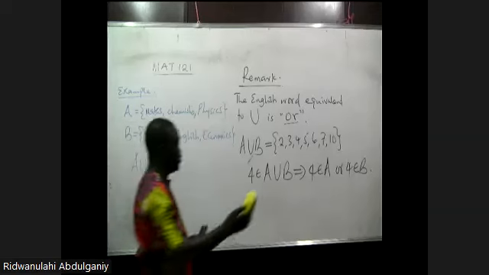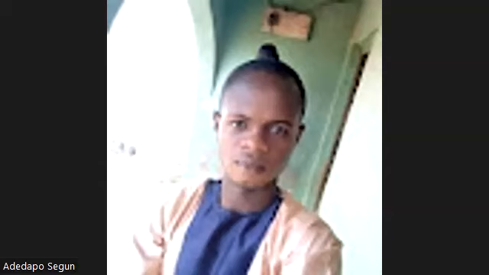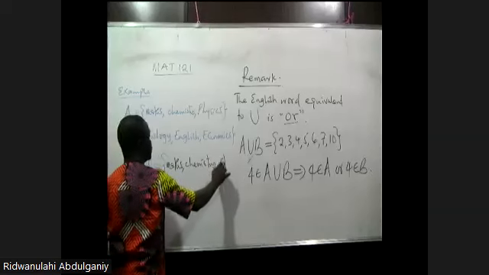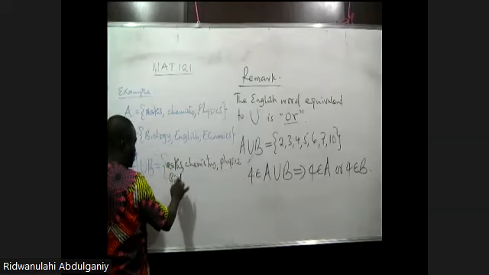Good evening, sir. Good evening. How are you? I'm fine, sir. So, what's the union of A union B? So, A union B is equal to mathematics, chemistry, physics, biology, English, and economics.